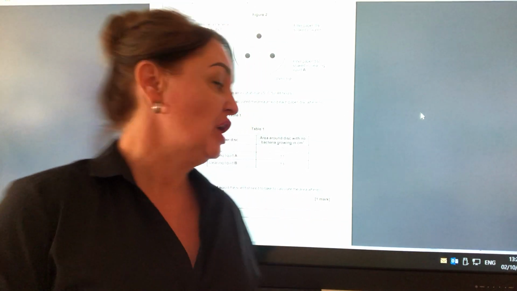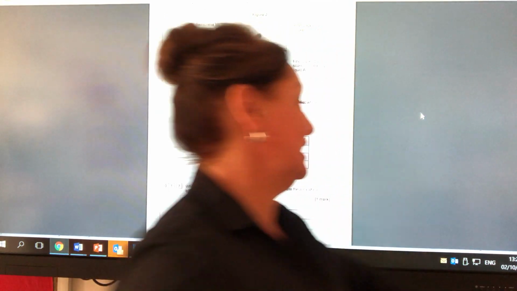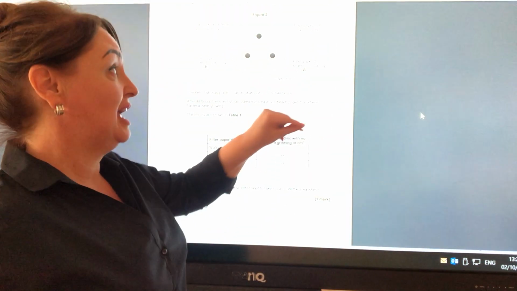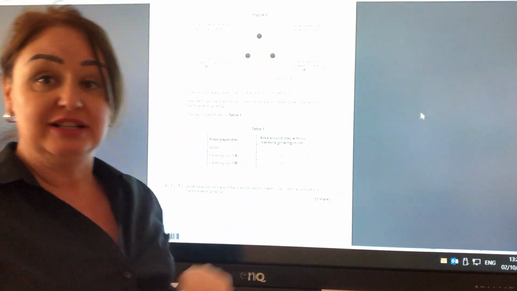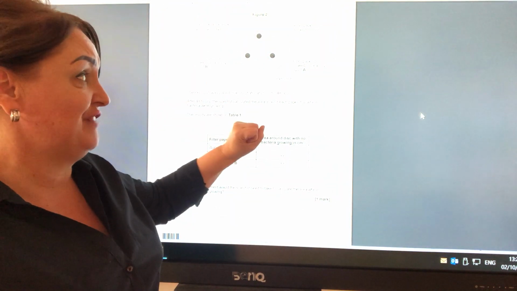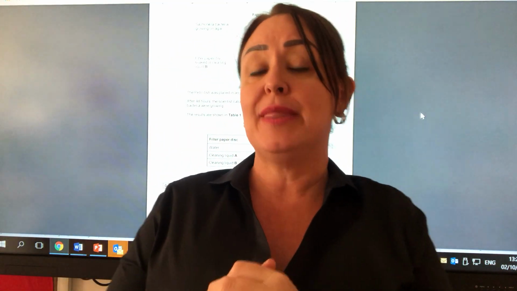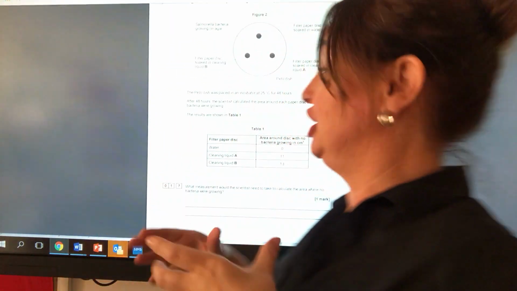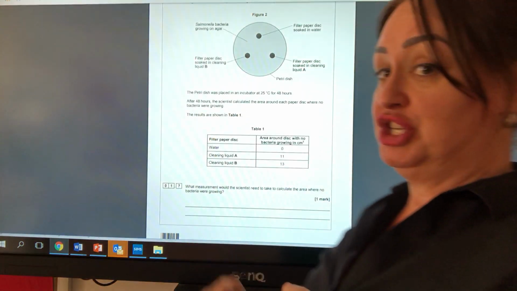I love this question because basically it is an agar plate and they've done an experiment on it to test the effects of different disinfectants, and they're measuring the zones of inhibition on the Petri dish.